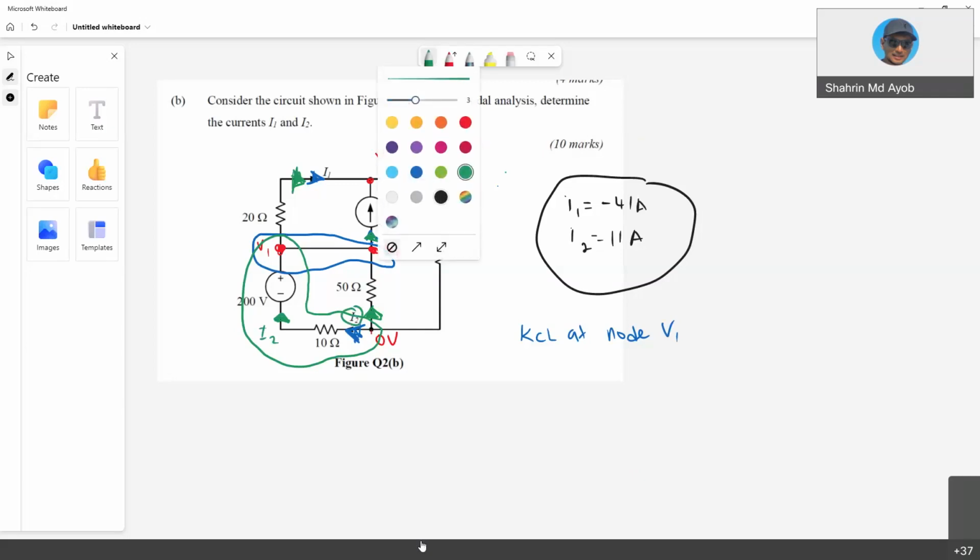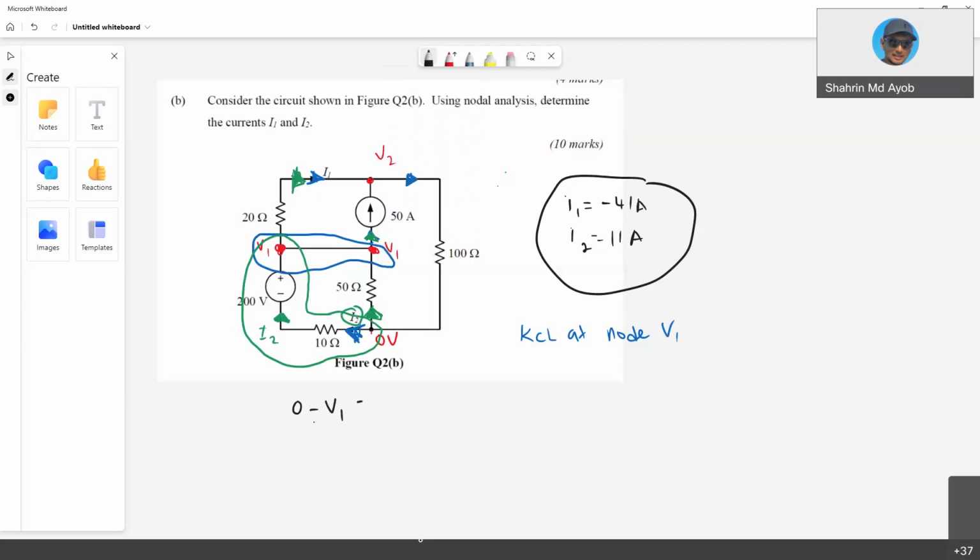So I can write down my KVL: 0 minus V1 is equal to, the current is going into the positive terminal, so I2 multiplied by 10 ohm, negative 200 volt, because it's entering the negative terminal. Okay, so this is my KVL.